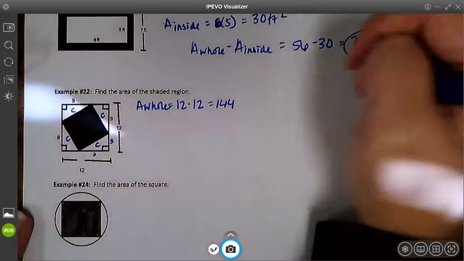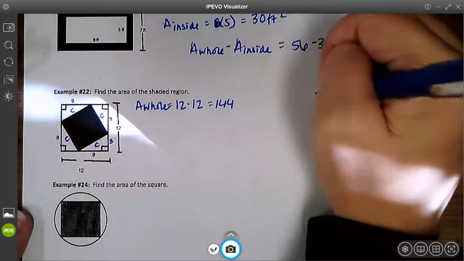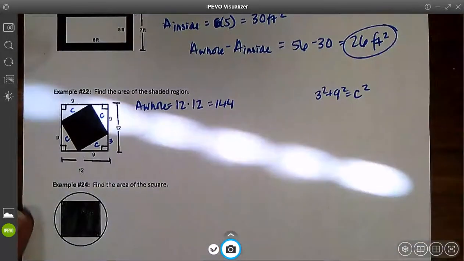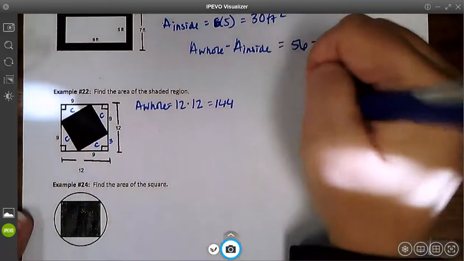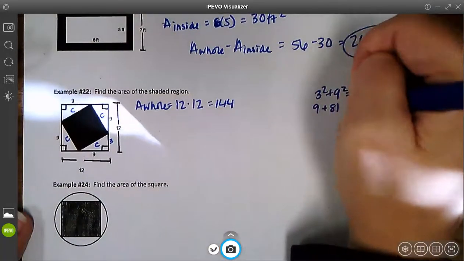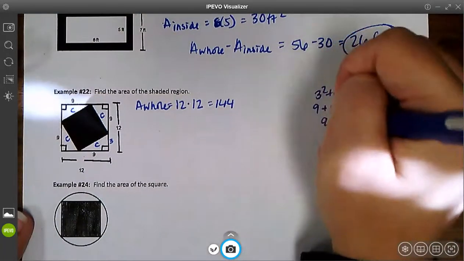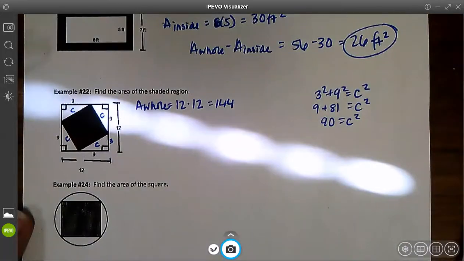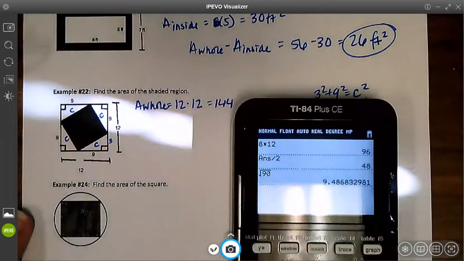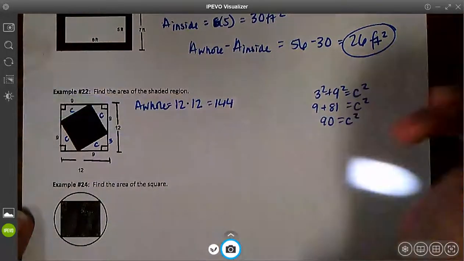So we can use the Pythagorean theorem. 3 squared plus 9 squared has to equal c squared. So 9 plus 81 equals c squared. 90 equals c squared. The square root of 90 is 9.5 roughly.